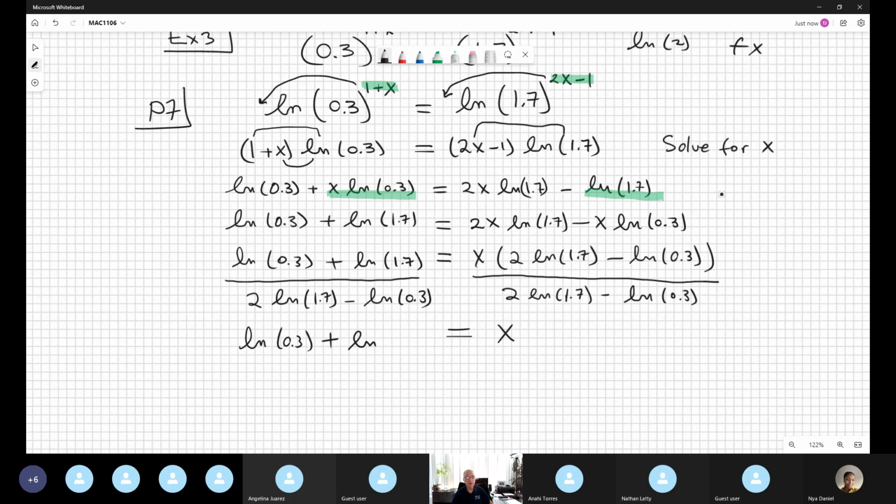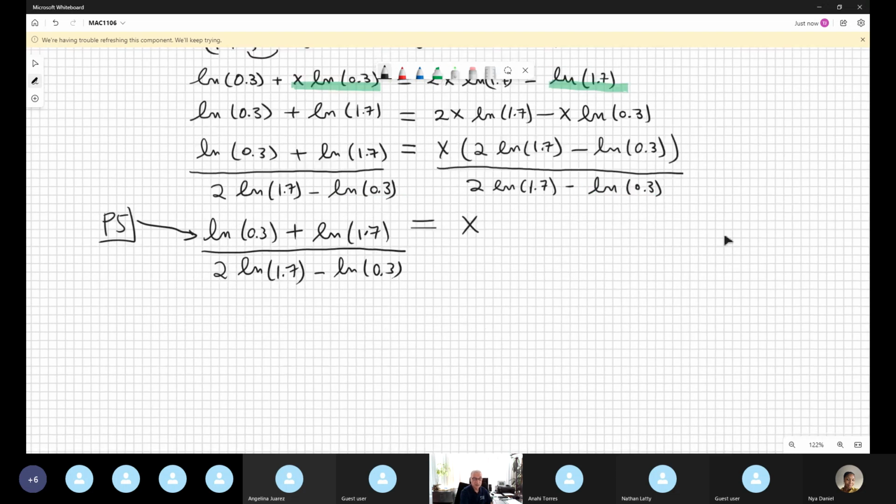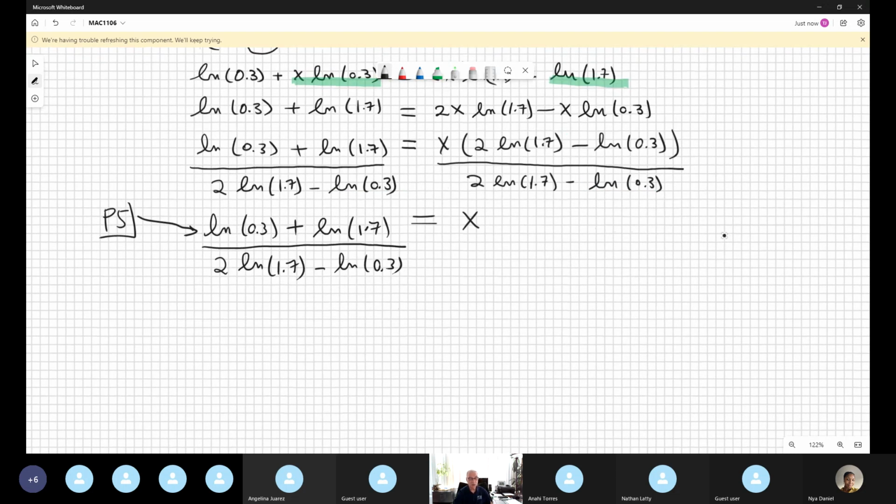How can we simplify? Well, I propose you use the properties of the logarithm. We're using property number 5 here because it's plus. When it's plus, you can condense these two logarithms into only one, which is the multiplication 0.3 times 1.7.